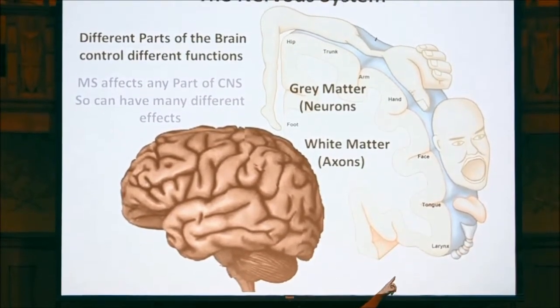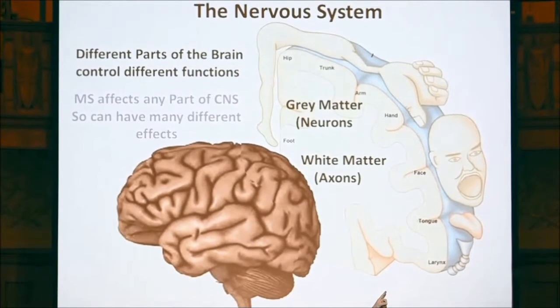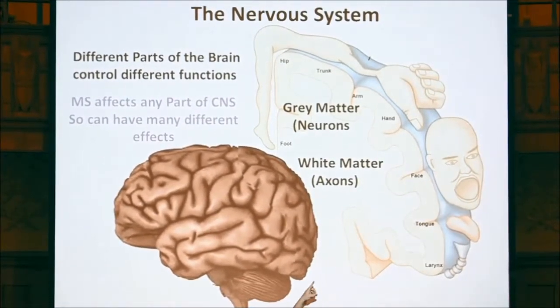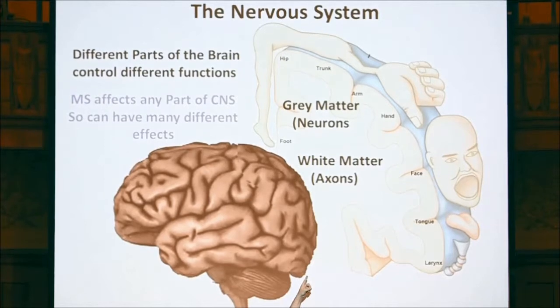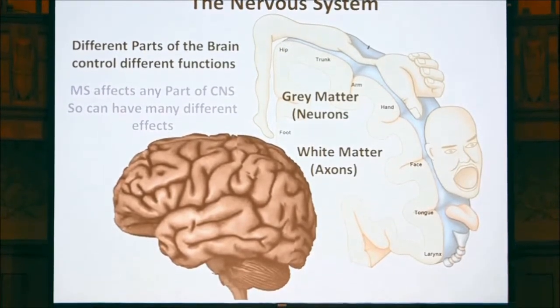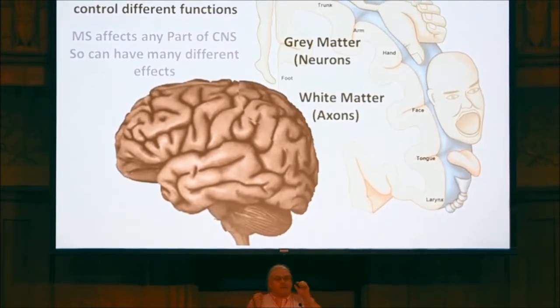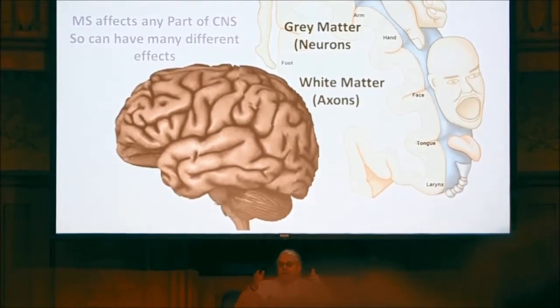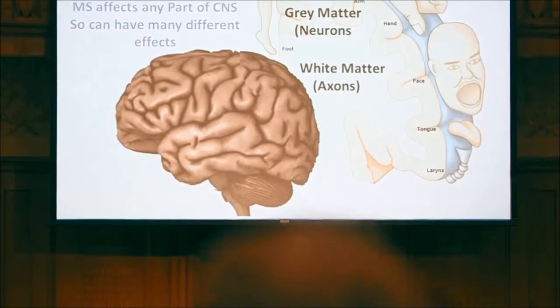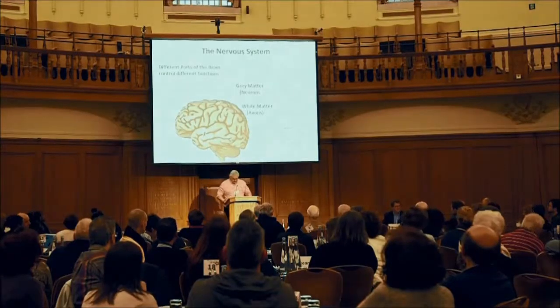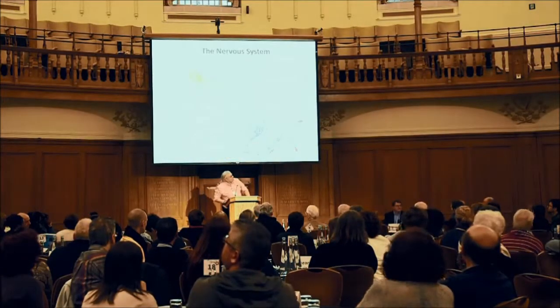If MS was affecting the bit at the bottom, it may be affecting your tongue. Just a bit further up, if you had a lesion of MS, it could be affecting your hand. This is why MS can do so many different things: depending on where MS attacks the nervous system, different signs and symptoms can materialize.